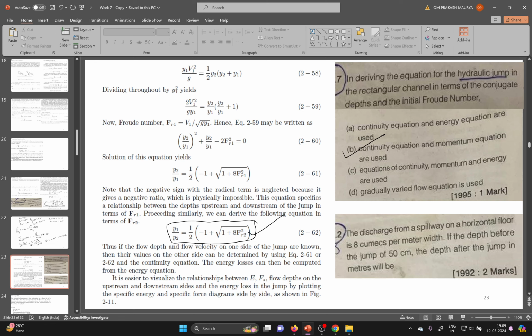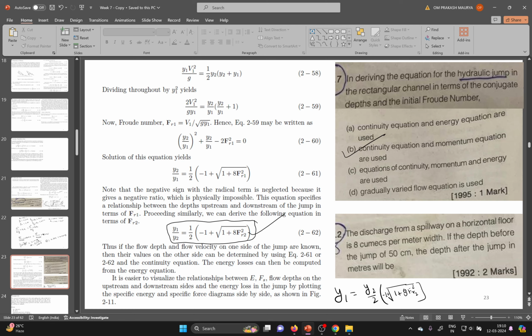The ratio of conjugate depth is what? y2 by y1 equals 1 by 2 whole bracket, open bracket, minus 1 plus root under 1 plus 8 Fr2 squared. You always remember. Sometimes you will see the equation y1 equal to y2 by 2 times minus 1 plus root under 1 plus 8 Fr2 squared.